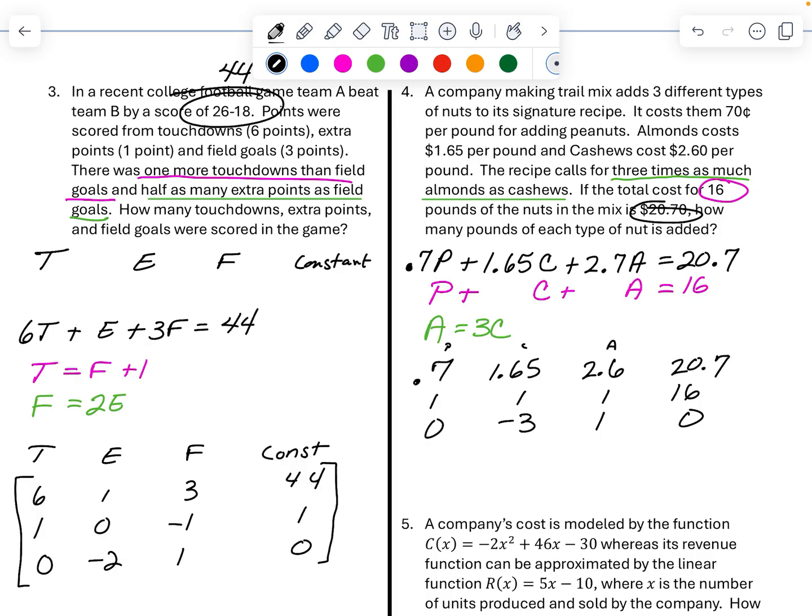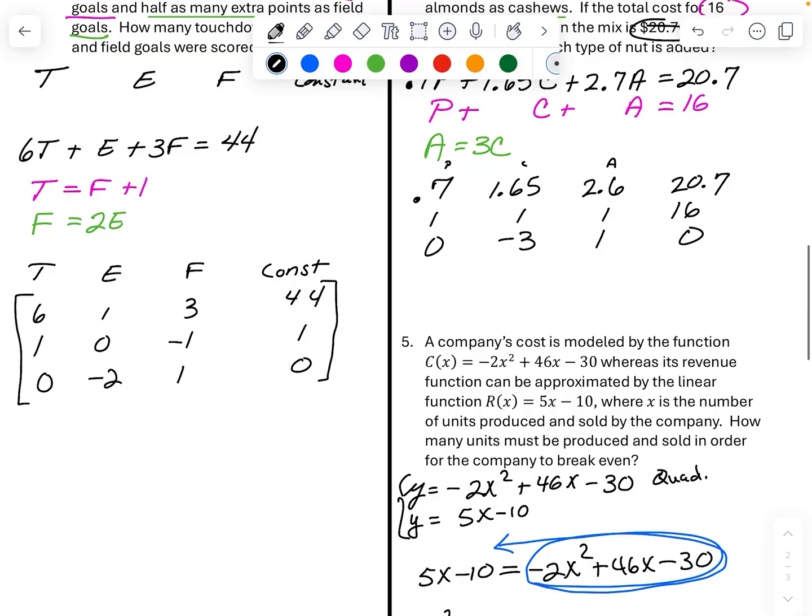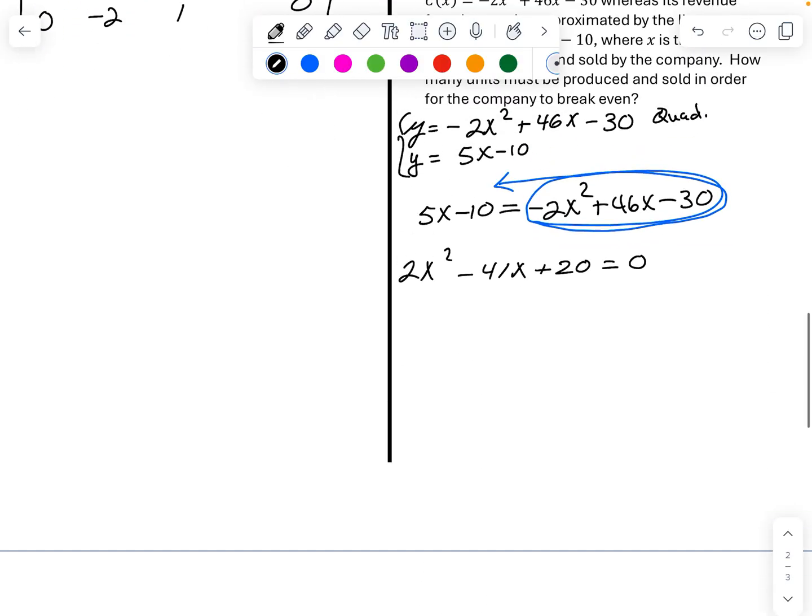But I had 260 in that one. Dang it. The total cost, okay, and there were 3 times as many almonds. So if I want the almonds to equal the cashews, I need to triple the cashews. Well, dang it. I think this is supposed to come out perfect. I have a typo somewhere in my question. All right. We won't worry about that.